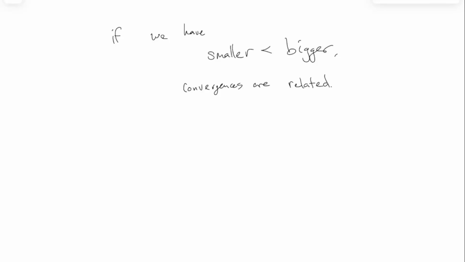Anyway, I'm going to write this all out formally. So generally, we're talking about two series, and I'm going to call one a_n and the other one b_n. And the idea is, if you have some way of comparing the two, then the convergence of one of them is related to the convergence of the other one.